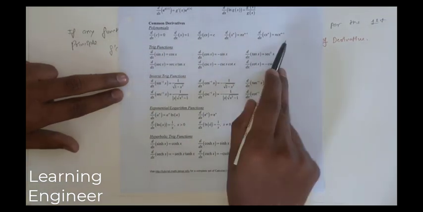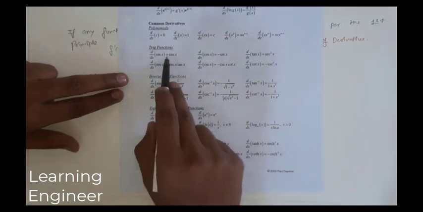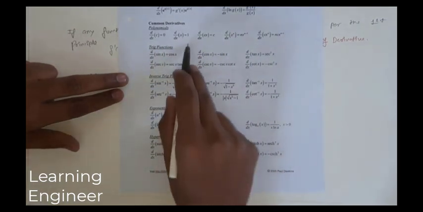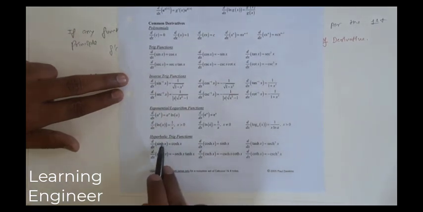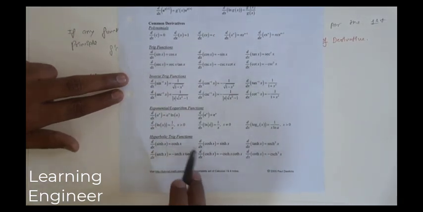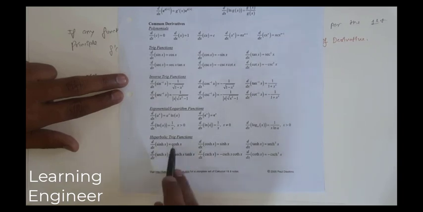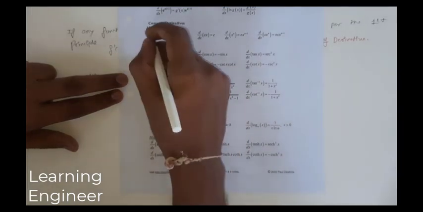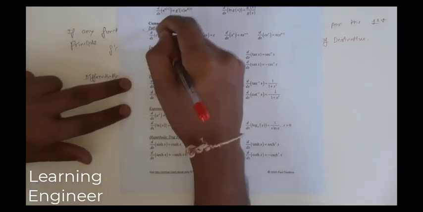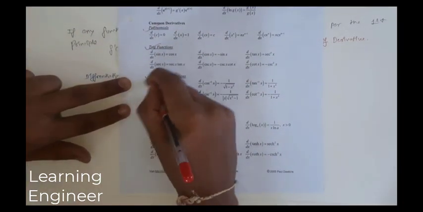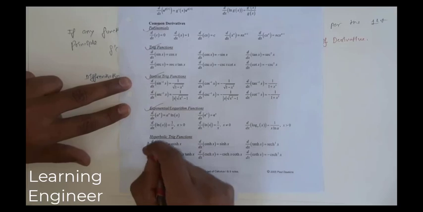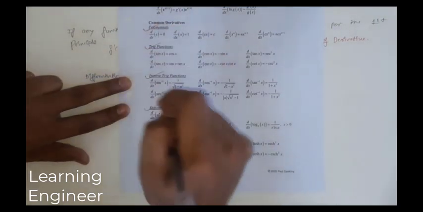These are the standard formulas we have to remember. We have to remember these four types of functions, and the hyperbolic, which is required in certain cases. So we have to remember these five cases: trigonometric, inverse trigonometric, exponential, logarithmic, and hyperbolic.